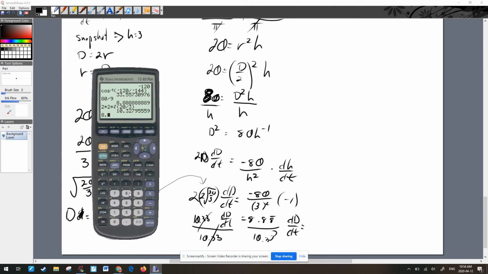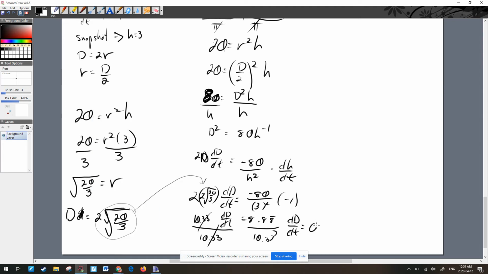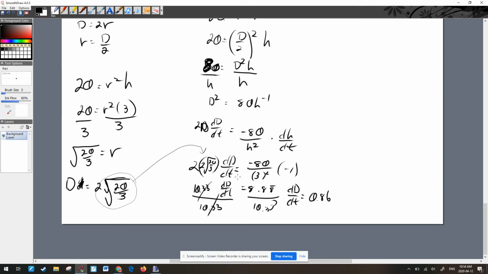So 8.8 divided by that last answer, we're going to get 0.86. So we need our little concluding statement, and so we would say something along the lines of, therefore, the diameter is increasing at 0.86 centimeters per second at that moment.